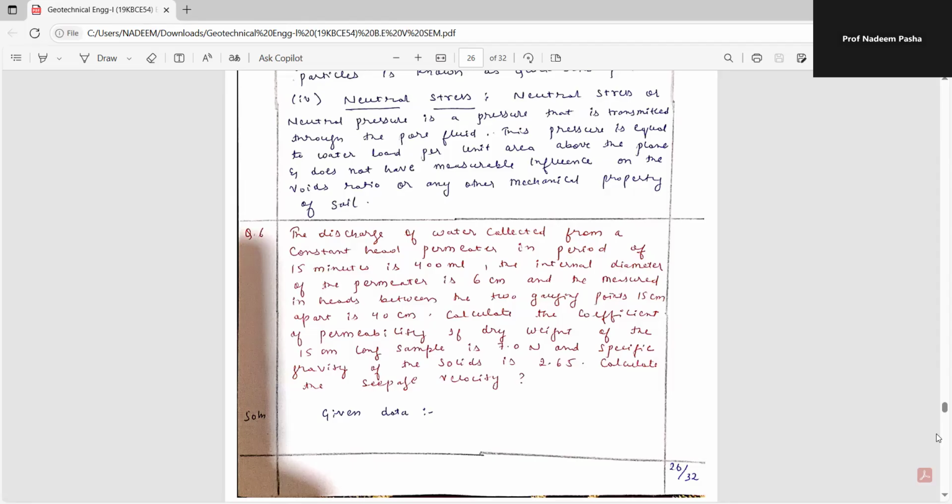The measured head between the two gauging points 15 centimeter apart is 40 centimeter. Calculate the coefficient of permeability. If the dry weight of the 15 centimeter long sample is 7 Newton and specific gravity of the solid is 2.65, calculate the seepage velocity.